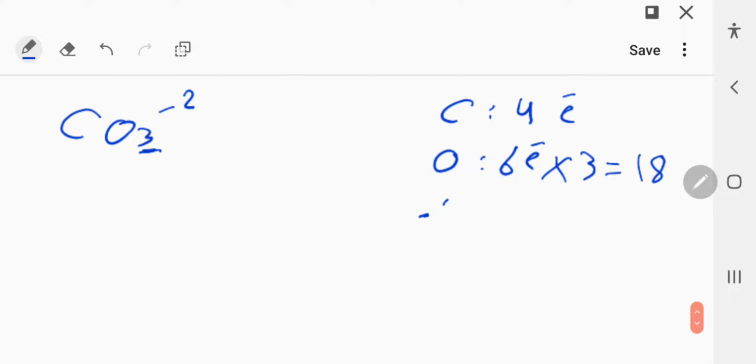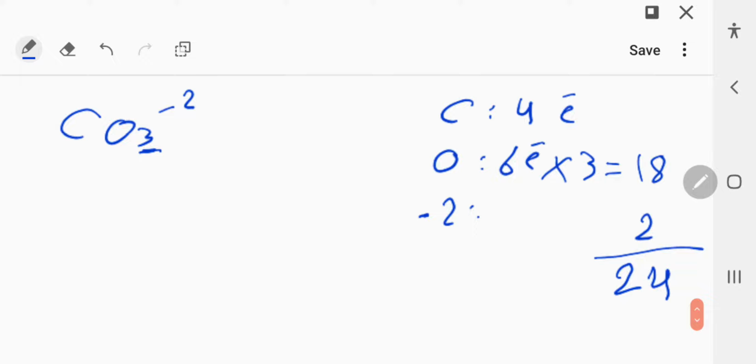And we have the minus 2 here, which means we have an extra 2 electrons. Now the total will be 24 electrons available for drawing the dot structure. This is the first step, counting the total number of valence electrons available.